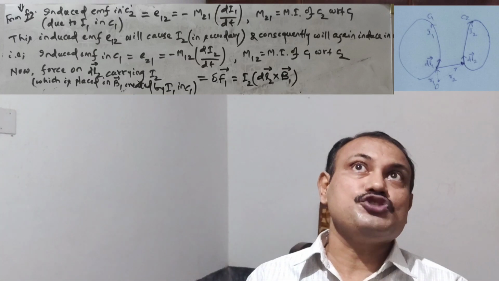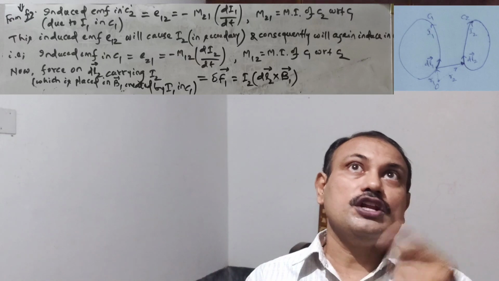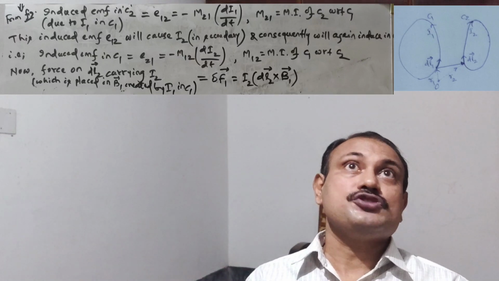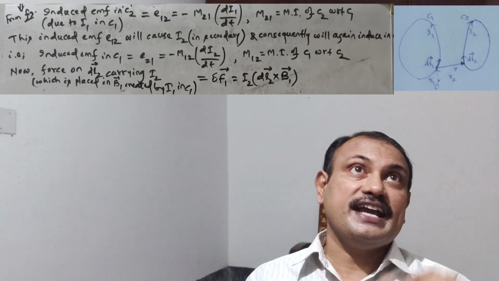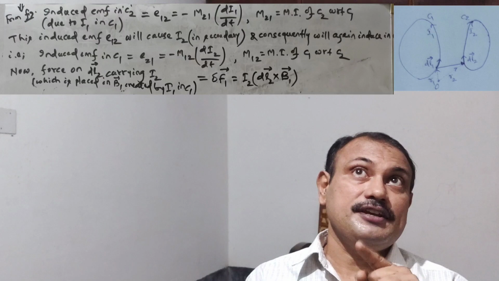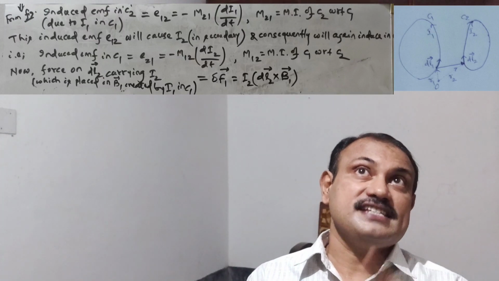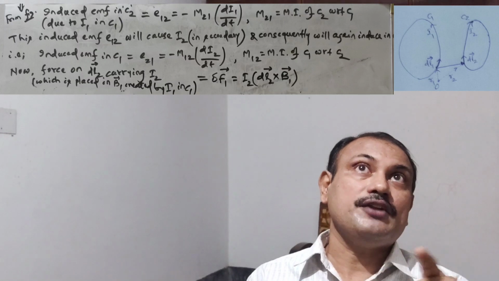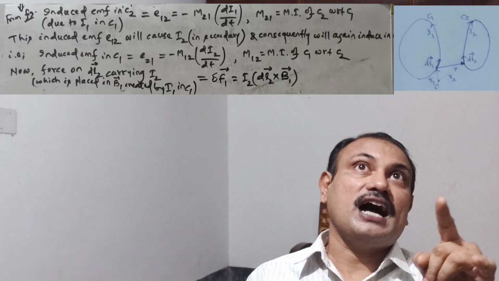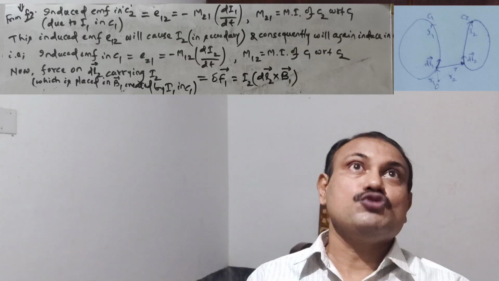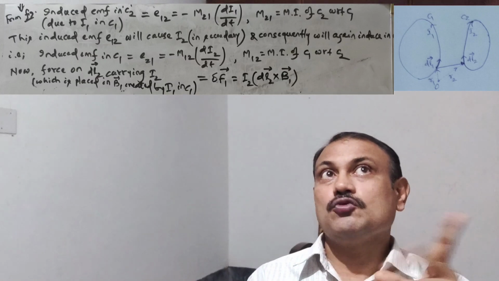This induced EMF E12 will cause I2 in the secondary coil, and consequently will again induce an EMF in C1. That is, the induced EMF in C1 can be written as E21, equal to minus M12 times di2 by dt, where M12 is the mutual inductance of coil C1 with respect to C2.